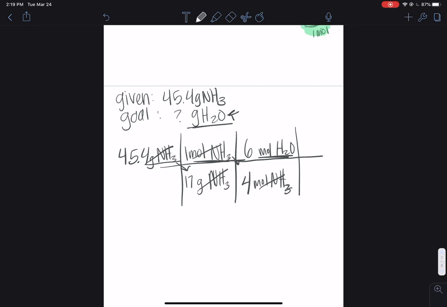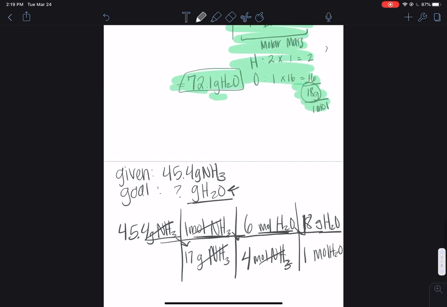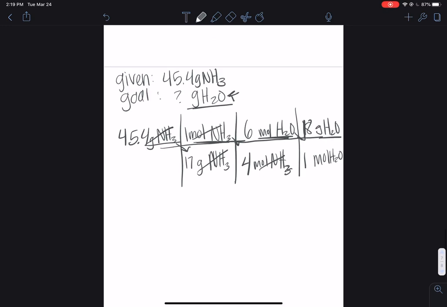Well, I was asked for grams of water, so I'm just going to go 1 step further and say mole on bottom, gram on top. I know that 1 mole of water weighs 18 grams because of this right here. So then mole of water cancels with mole of water.